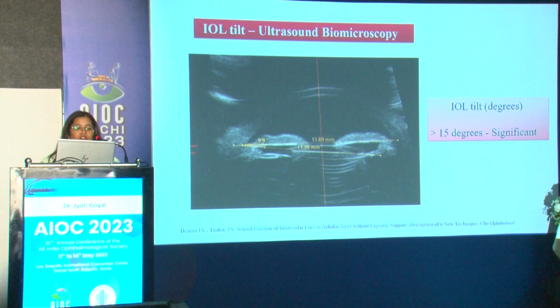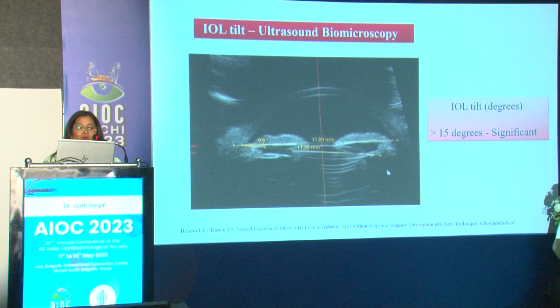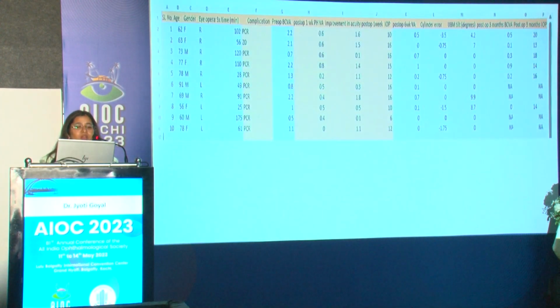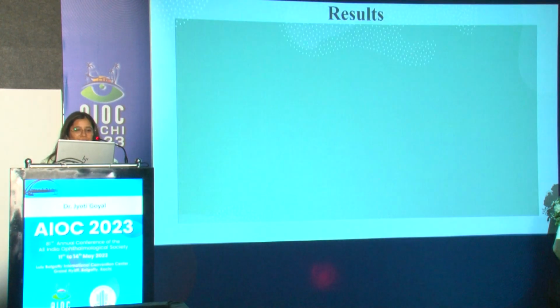We draw a line passing through the iris plane and another line passing through the optic of the IOL, and if the angle between them is more than 15 degrees, the tilt is said to be significant. This is our data collection sheet, and till now we have enrolled 48 patients in our study, and this is an interim analysis of 10 patients.